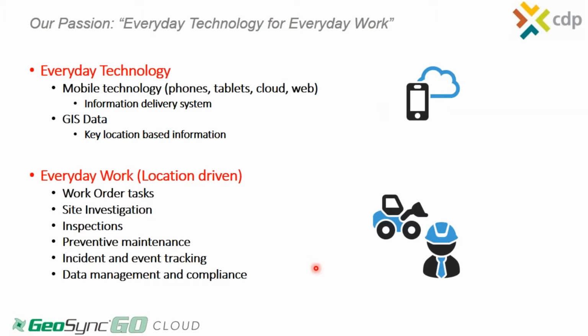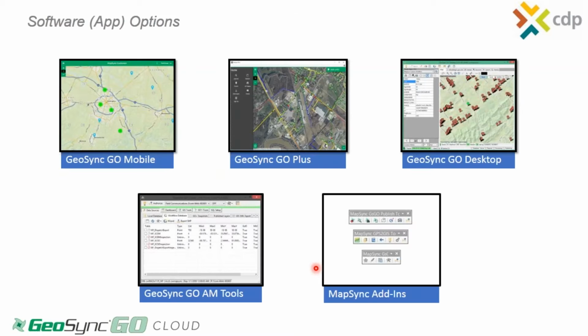Today's examples will show primarily or mostly utility work, utility collection, using mobile technology, phones, tablets, desktop, GIS data, so we'll pull it all together. Typically we focus on one application or one tool.